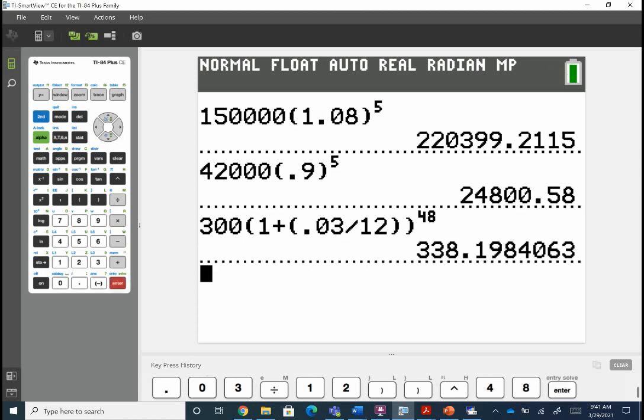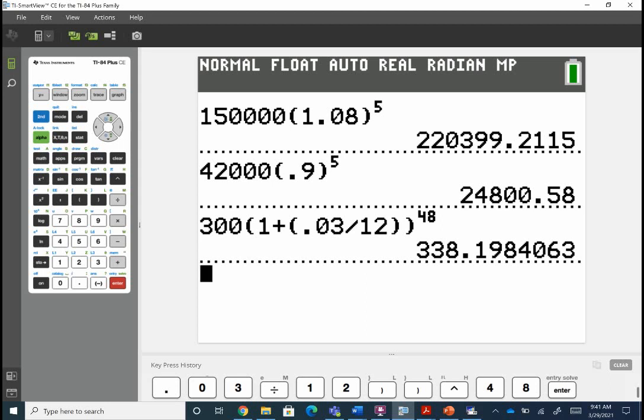All right, let's press enter. So after 4 years, if you put $300 in this savings account, and this is if you didn't add anything into it, no other deposits or things that would change our total, so if you just put the $300 in and left it sit for 4 years, you would have roughly $338.20.